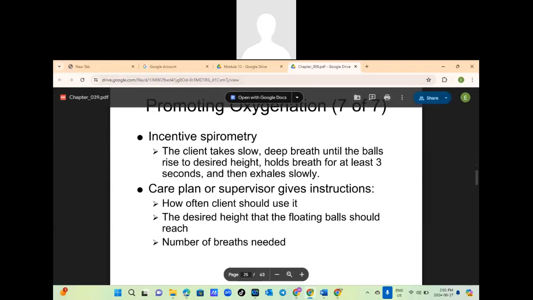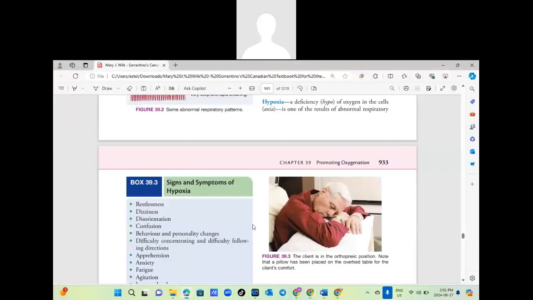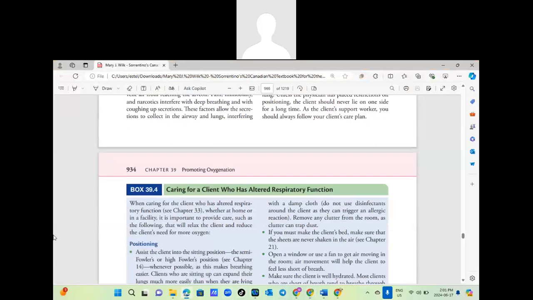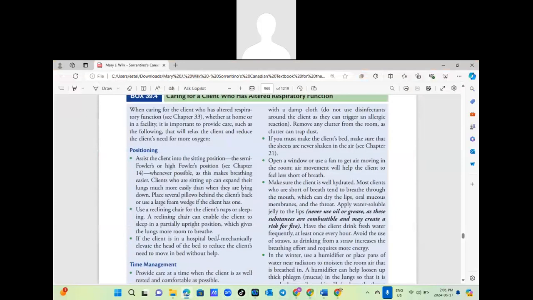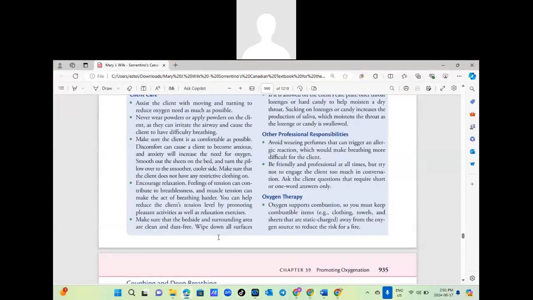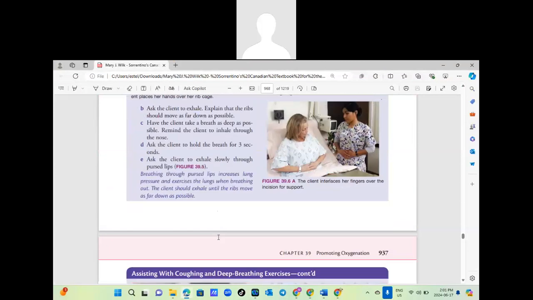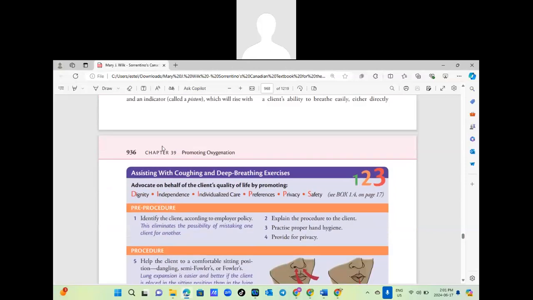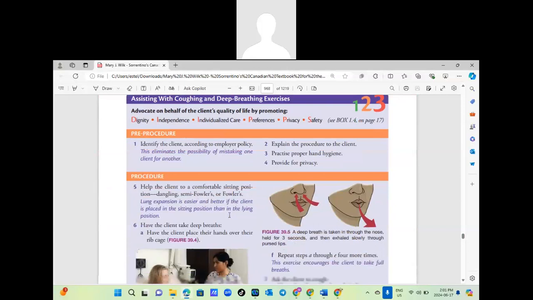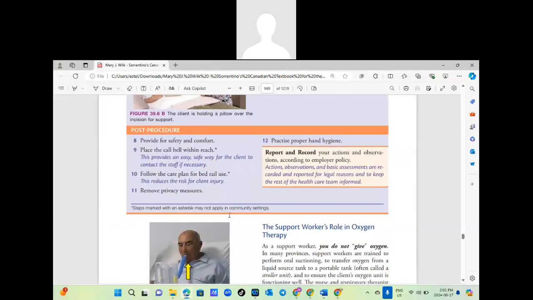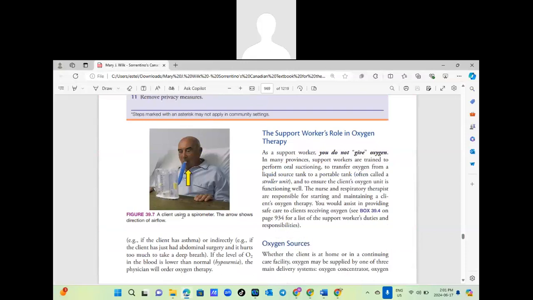Oh, here we go, the client using this spirometer. It should be here. This is page 936, assisting with coughing and deep breathing. This is using the spirometer.